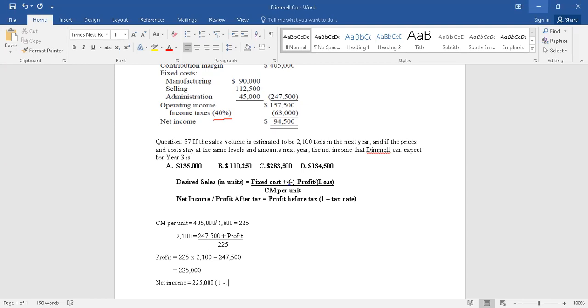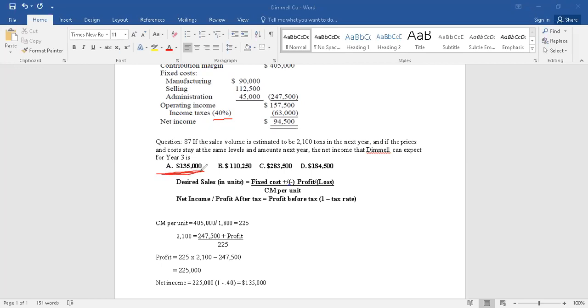We can write it as 0.40. So 225,000 times 0.6 gives us $135,000, which is option A. Option A, 135,000, is the right answer.